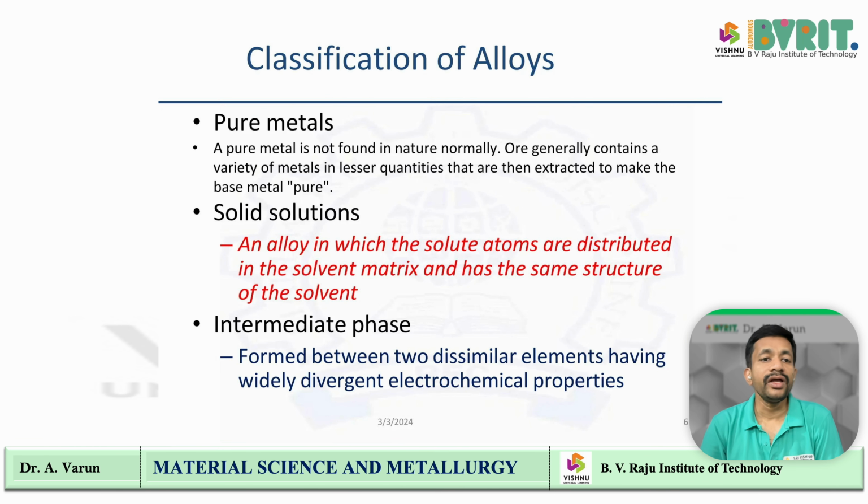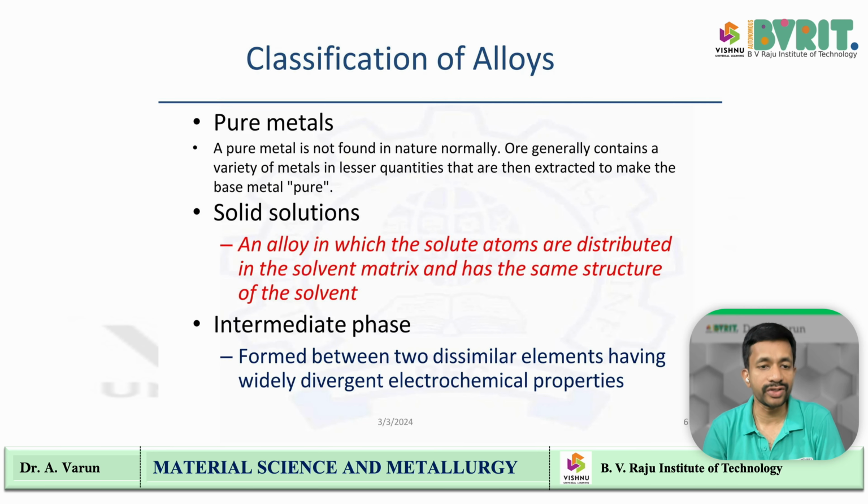Moving on, when we say pure element and when we say alloy, if you correlate, it is also a kind of solution. As we have in liquids, even in solids we may have a solution, which is a combination of solute and solvent, like in a liquid. It is called a solid solution, which is nothing but an alloy in which solute atoms are distributed in the solvent matrix and it has the same structure as the solvent.